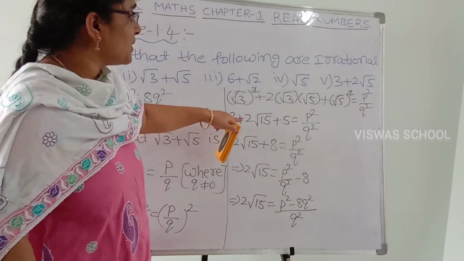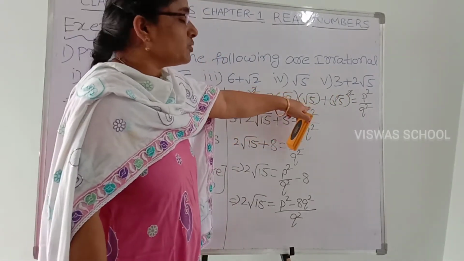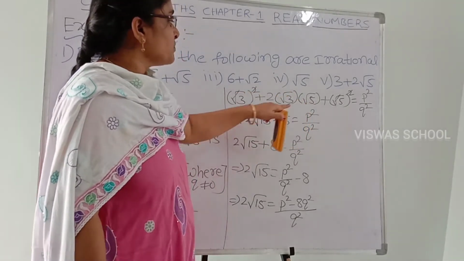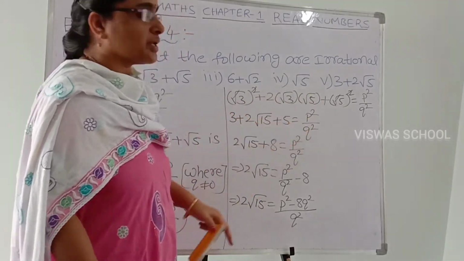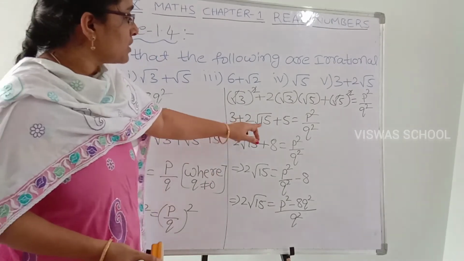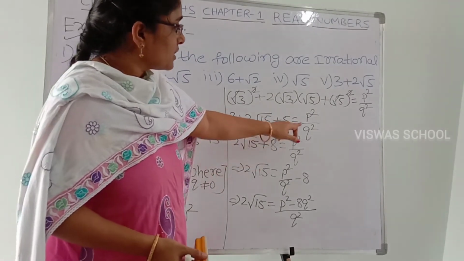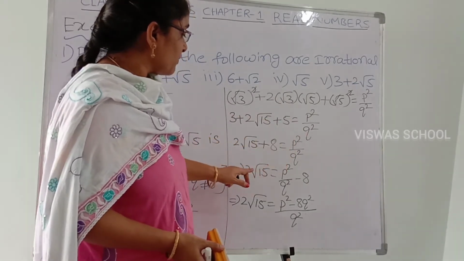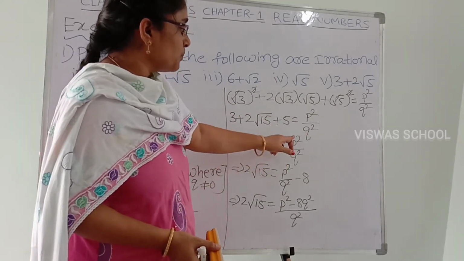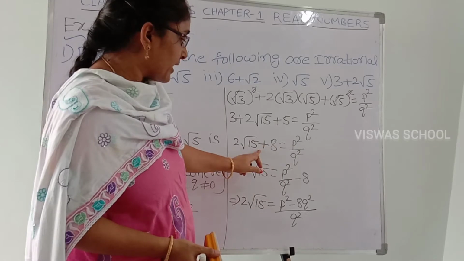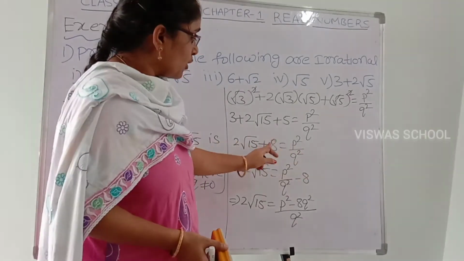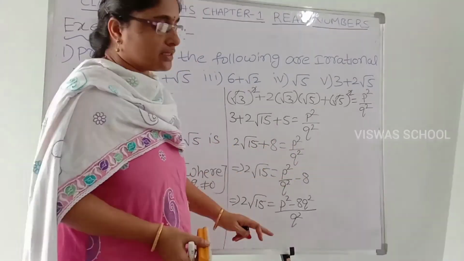Now it is 3 plus 2 into root 3 into root 5, meaning root 15, plus 5 equals p square by q square. Now 2 root 15, 3 plus 5 equals 8. 8 equals p square by q square. Now 2 root 15 equals p square by q square, and we are writing 8 on the RHS side. Plus 8 is changed to minus 8.